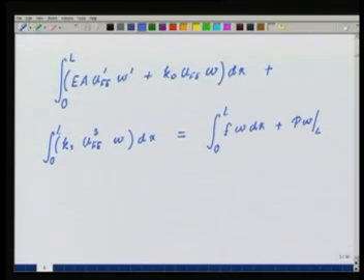Let us say that I have obtained the solution at the (i minus 1)th step.